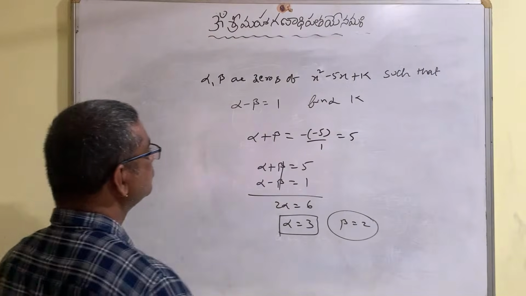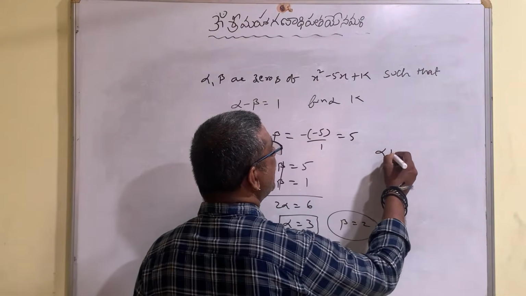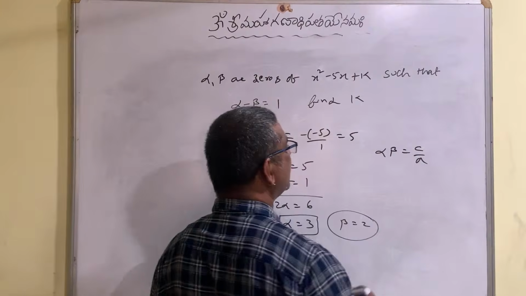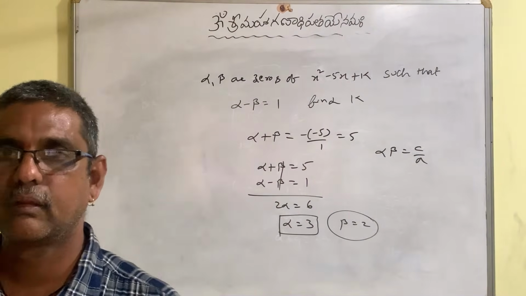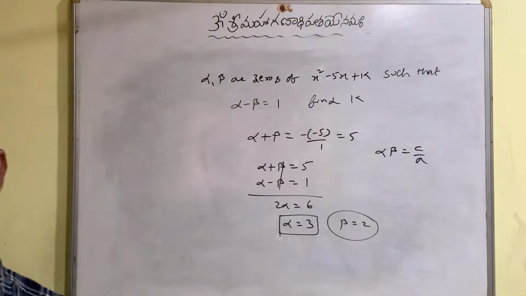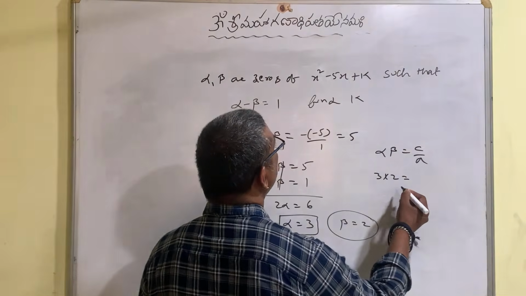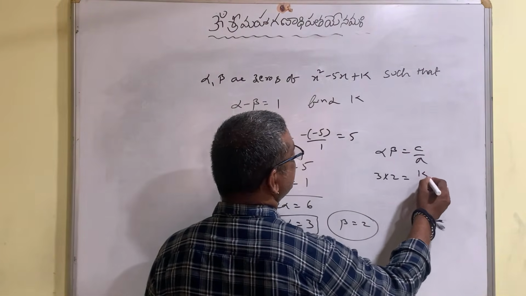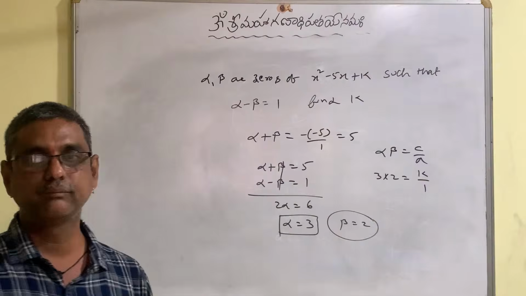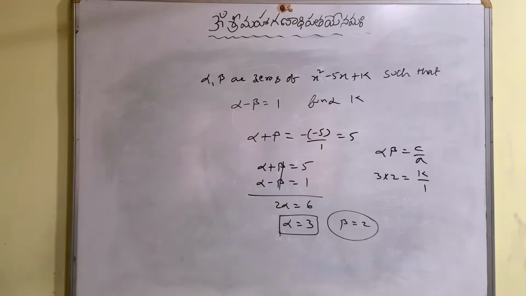Now, we know alpha beta is equal to C by A. Is that right? That means 3 into 2 is equal to C by A, C by A means k by 1.